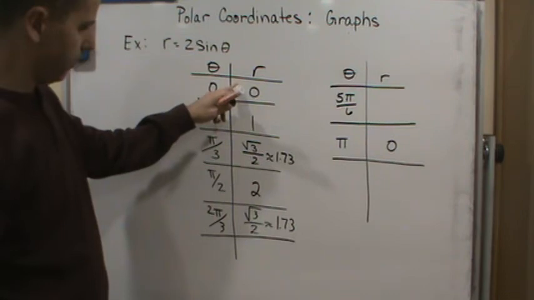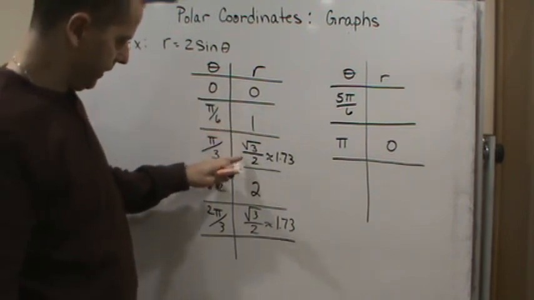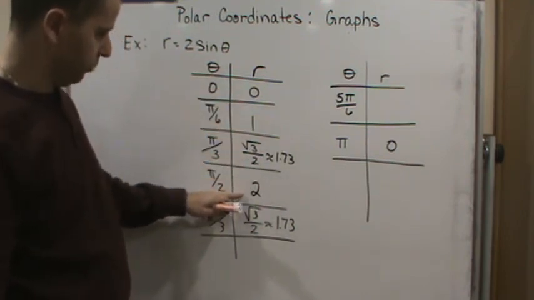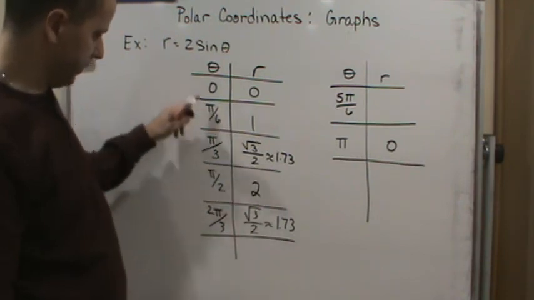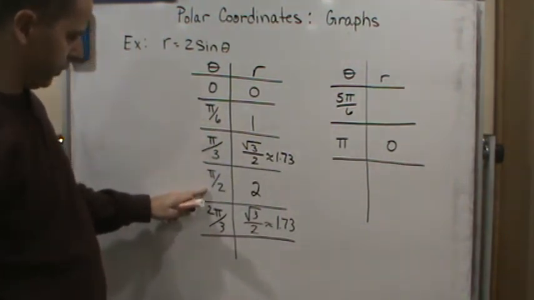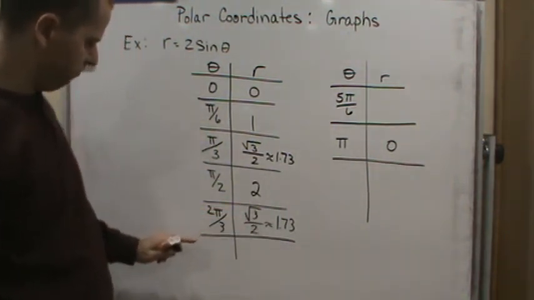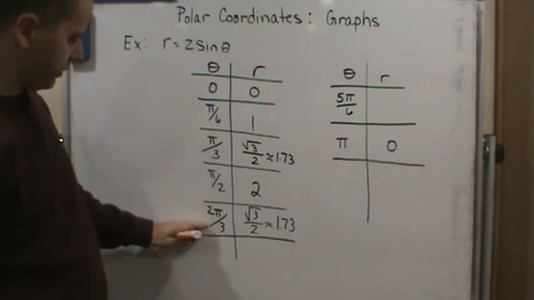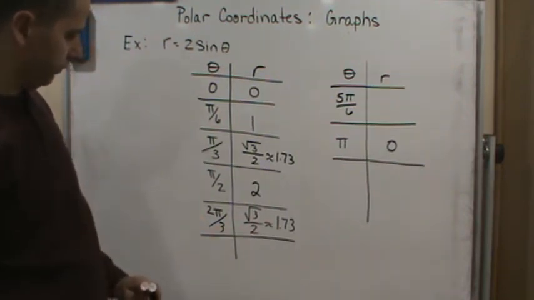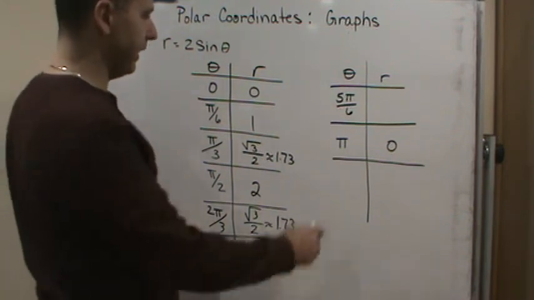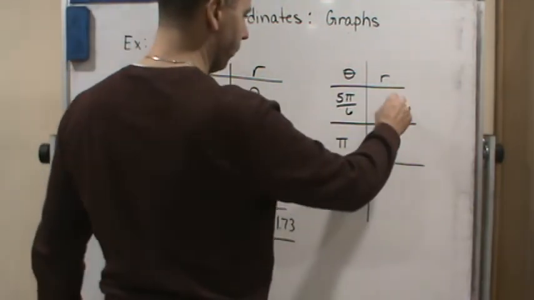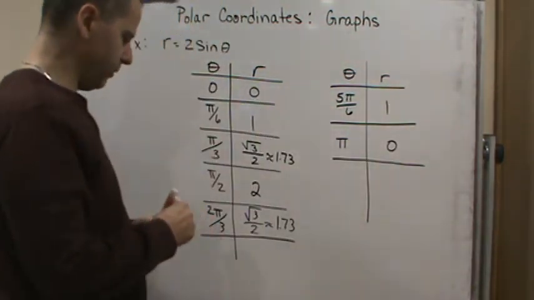So it goes from 0 to 1, and then all the way up to 2, right? So the radius is increasing from 0 to pi over 2, and then it starts to go down, okay? And so this is going to be 1.73, and then at 5 pi over 6, it's going to be 1, and back to 0.